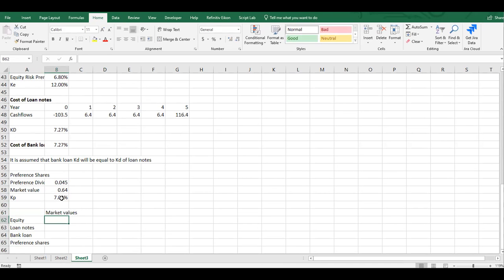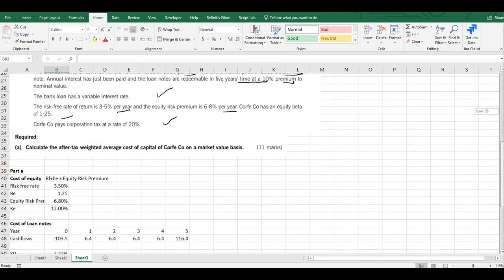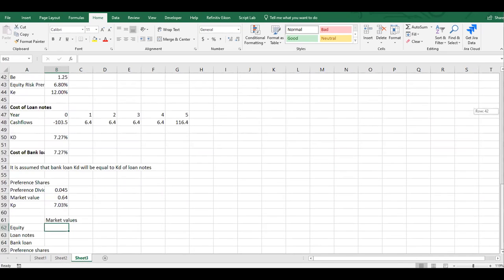So let's calculate the equity number of shares. Equity book value is 15 million divided by par value, that is $1, and market value is 6.1. So 15 divided by 1 into 6.1.